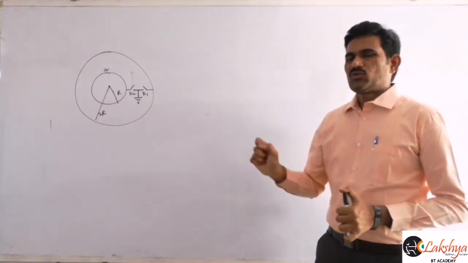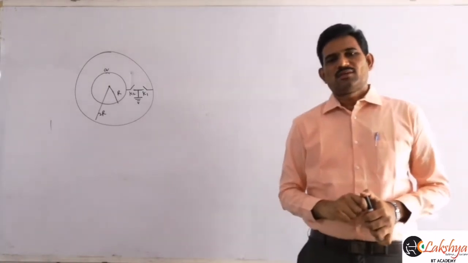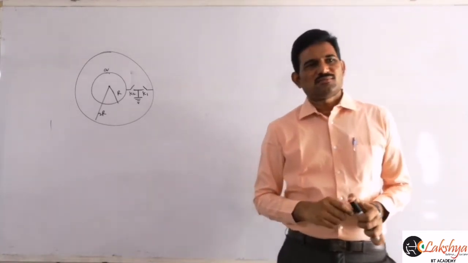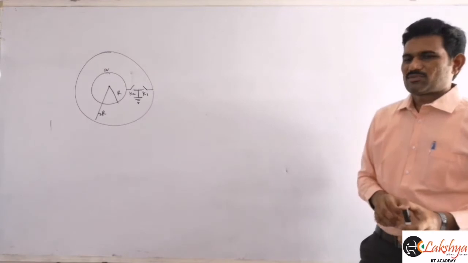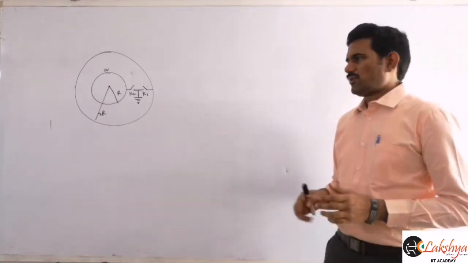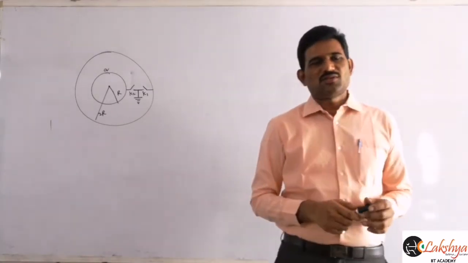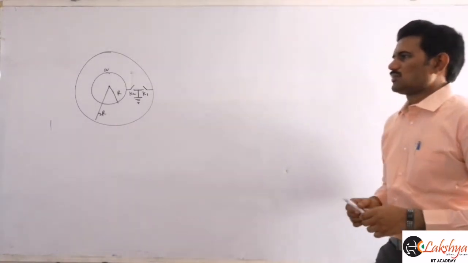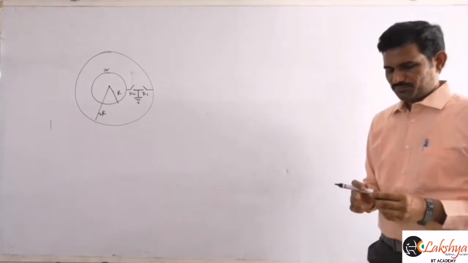Then find the final potential difference between the two shells after n times. Find the final potential difference between the two shells, right?